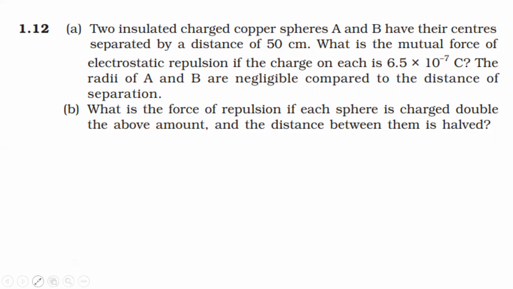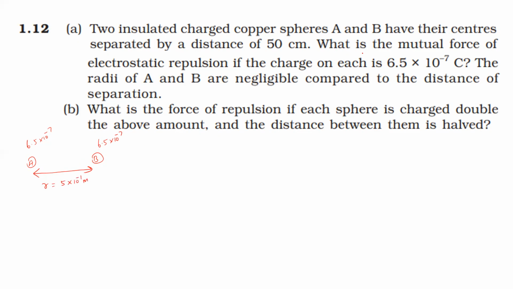Now it is given that sphere A and sphere B, these two charges are given as 6.5 into 10 power minus 7 Coulomb. And the distance by which they are separated is 50 centimeter. That 50 centimeter we write in meters as 5 into 10 power minus 1 meter.